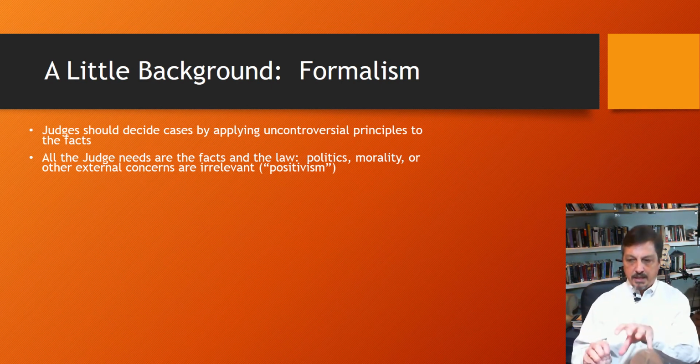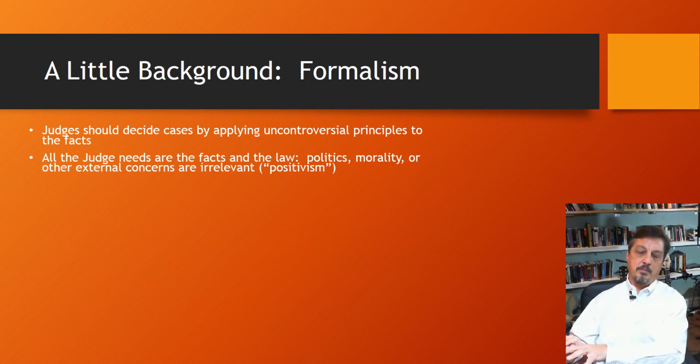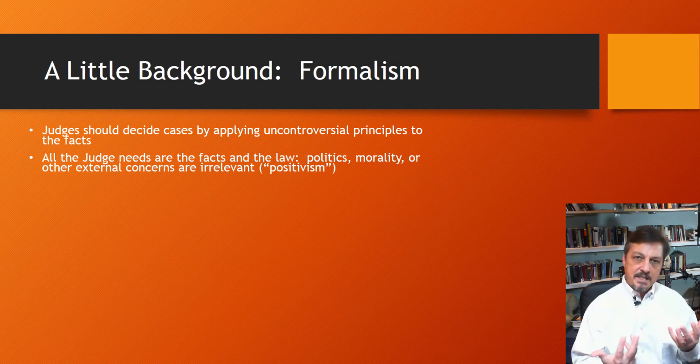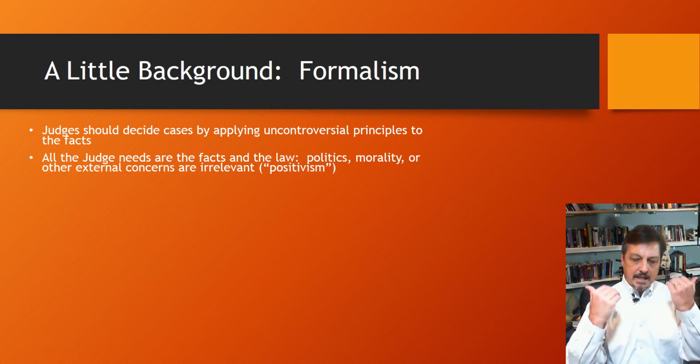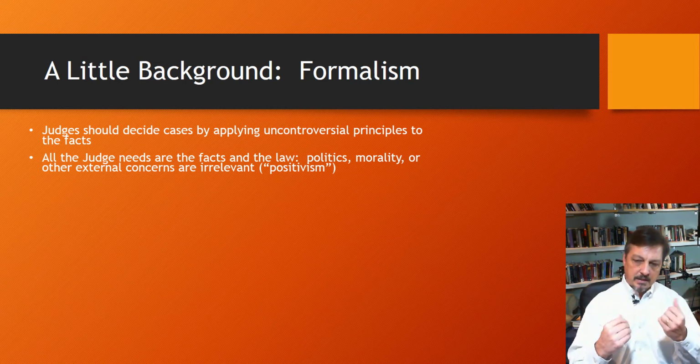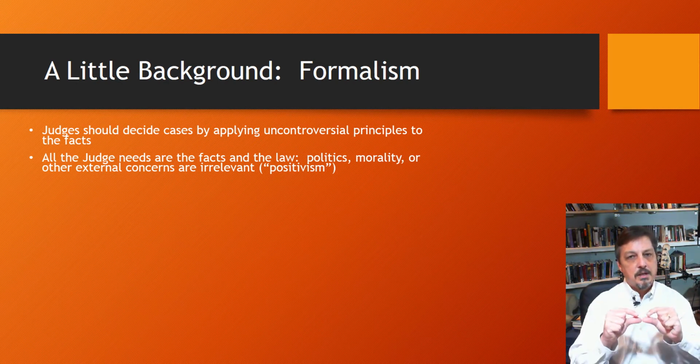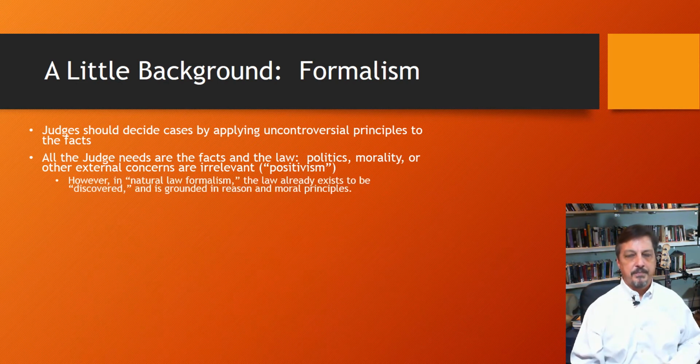But take that basic principle, and then we can take some facts and say, was there an exercise of dominion here? If there was, then maybe we have a property right, right? And it's called a kind of positivism, because positivism is the notion that I can analytically look at something and dissect it and break it down, and I can come to the correct conclusion based on the analysis that I'm doing.